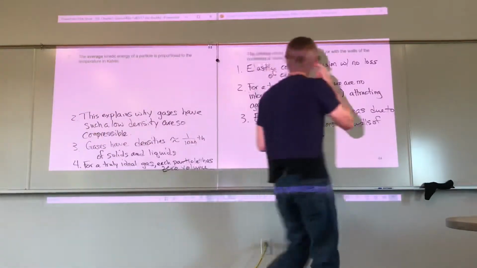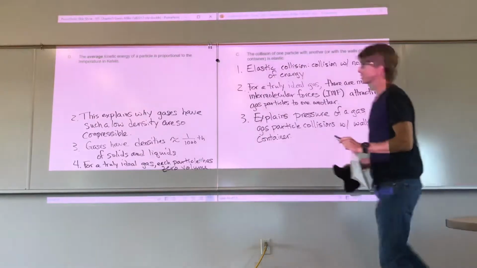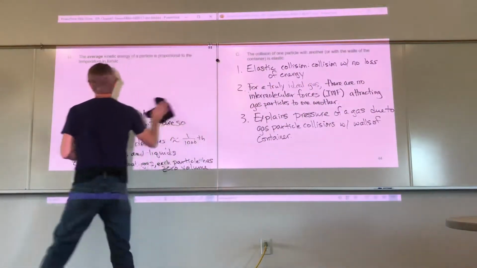Last but not least, the average kinetic energy of a particle is proportional to the temperature in Kelvin.